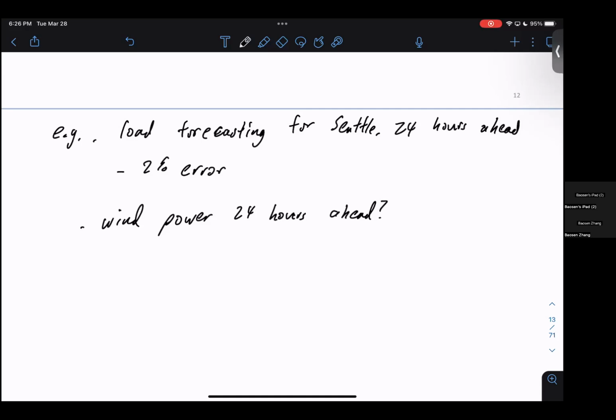How about wind power 24 hours ahead? Any guesses?